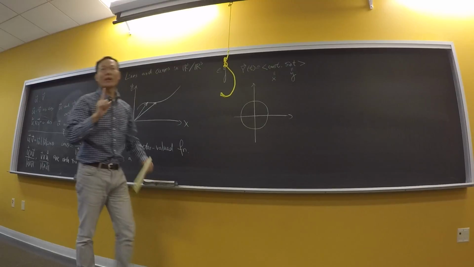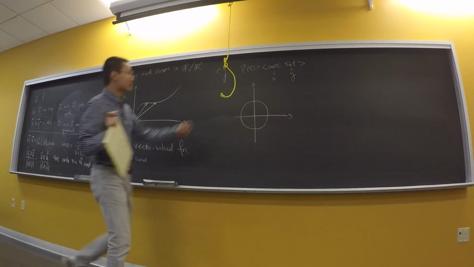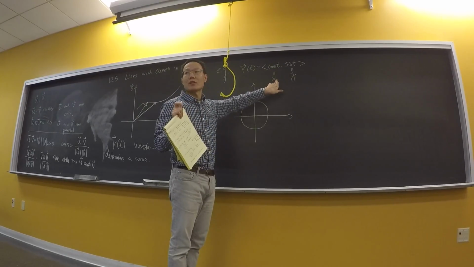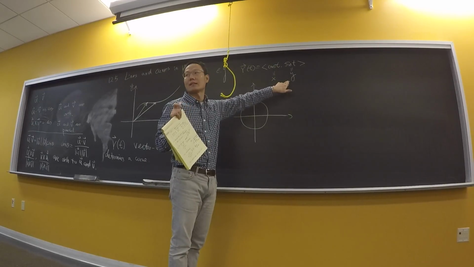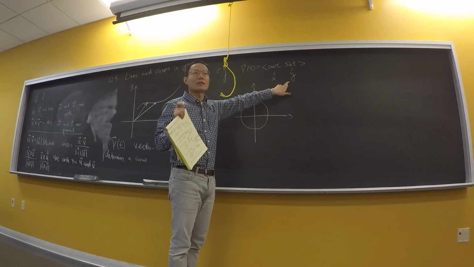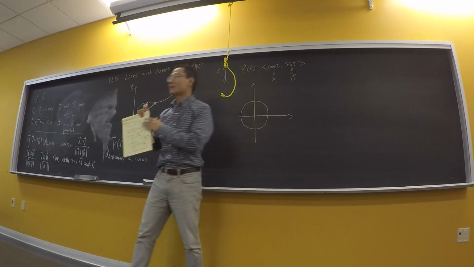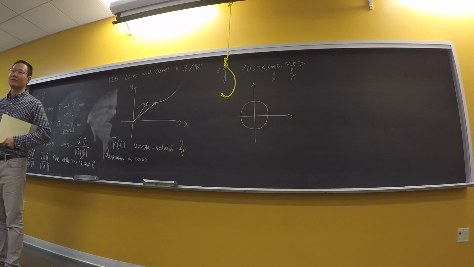One way to be convinced this is a unit circle is, I already said x is equal to cosine t, y is equal to sine t. We can use a trigonometric identity to eliminate t to get an equation involving only x and y. And that trigonometric identity is actually our favorite. What trigonometric identity have you learned before, which is sticking in your mind forever?